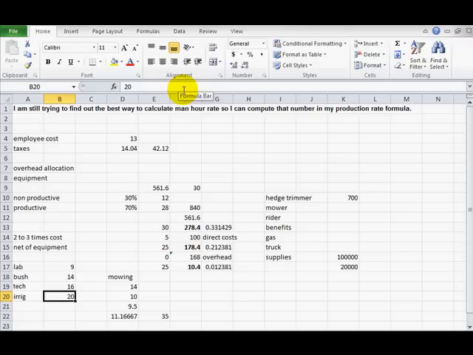For example here, if your average cost on a mowing crew is $11 an hour, you're selling time at $35 an hour. That's over 3 times. However, maybe your irrigation guy you're billing out at $80 an hour, but you're paying him 20. That's 4 times. So you'll notice that there's a variance from service to service in terms of how much you can mark that service up and sell the time.